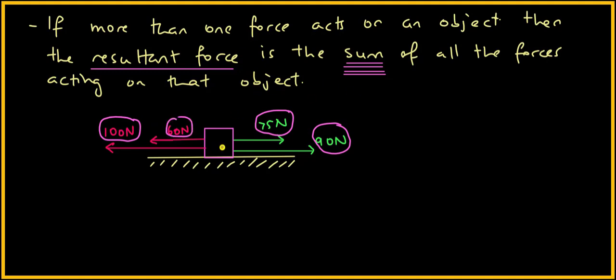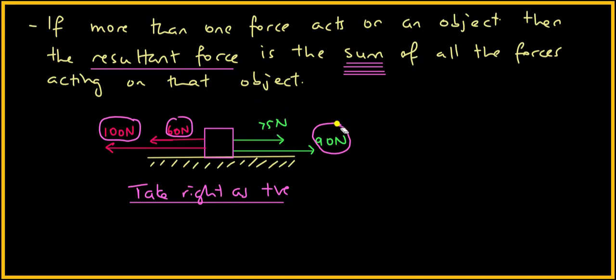So what do we do? I have to choose a positive direction. Let me take right as positive. It means that the 75 newton force and the 90 newton force are positive, and the 60 newton force and the 100 newton force are negative.